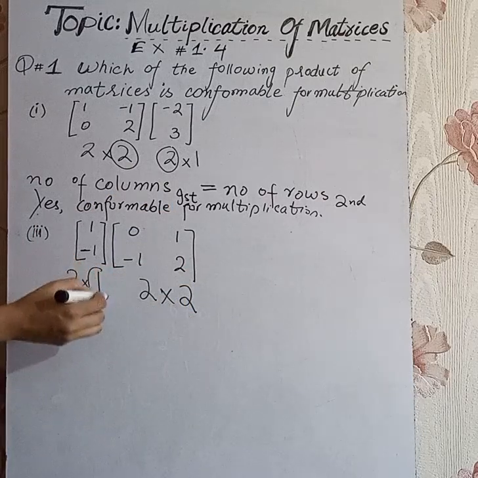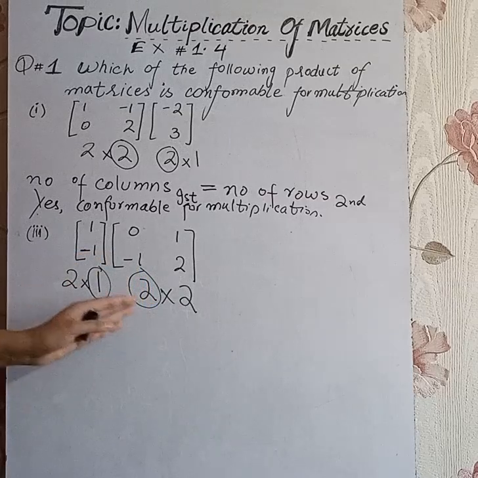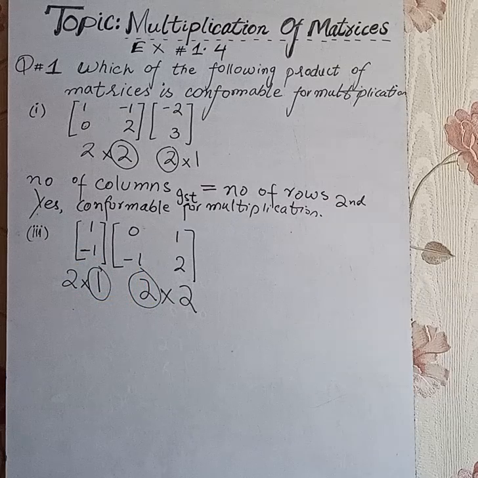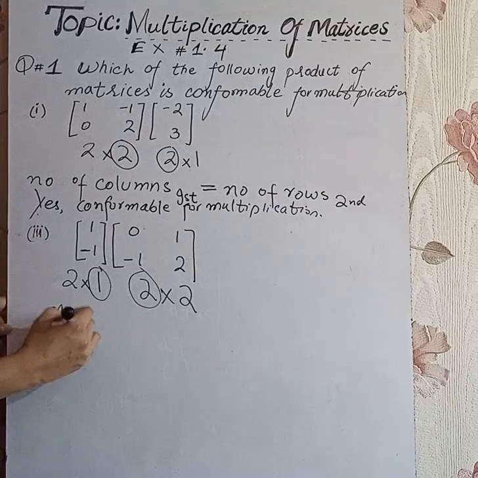Here what will we have to check? The number of columns of the first and the number of rows of the second. This is 1, this is 2. They are not the same. It means the number of columns of the first matrix is not equal to the number of rows of the second matrix. So these matrices are not conformable for multiplication. So what will we have to write over here?